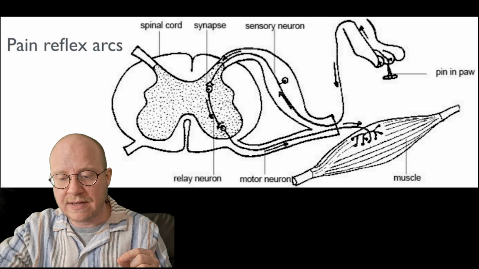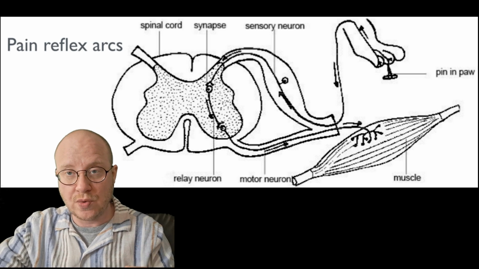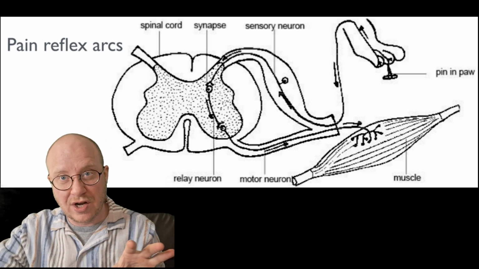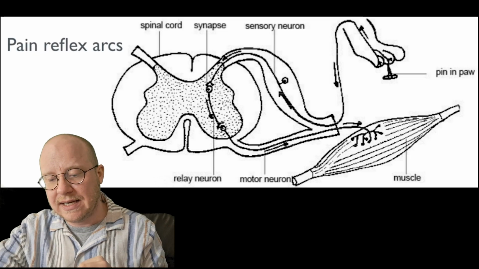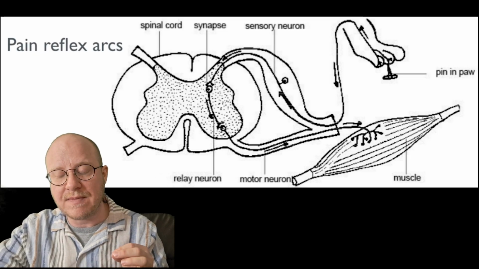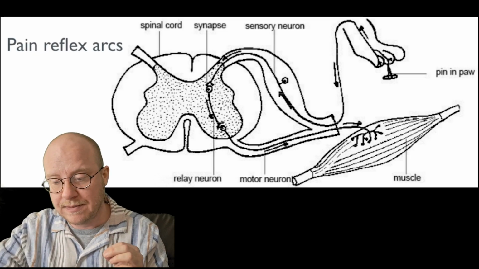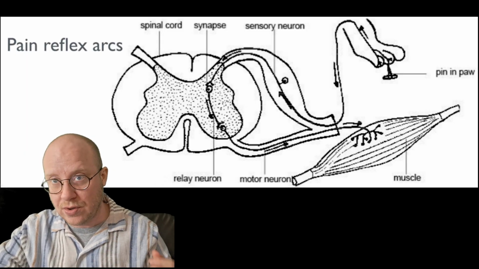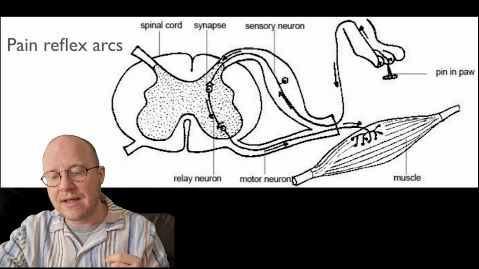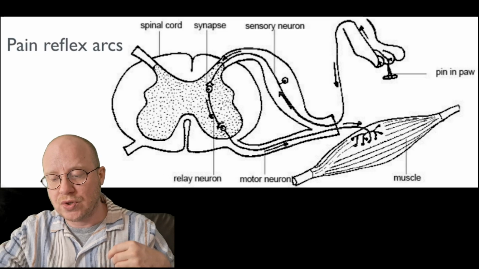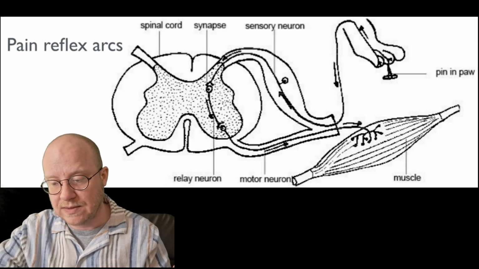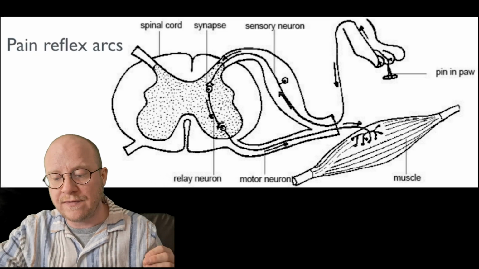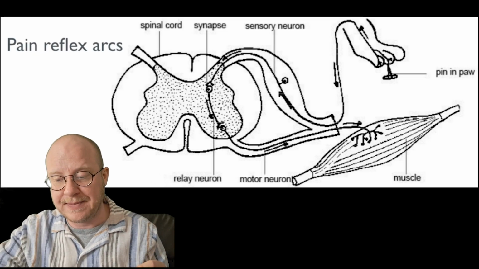The afferent neuron synapses with a short interneuron, also called a relay neuron, located entirely within the gray matter of the spinal cord. The interneuron synapses with a motor neuron, and the resulting action potentials go directly to arm muscles, the effector, which moves quickly to pull your finger away from the flame.